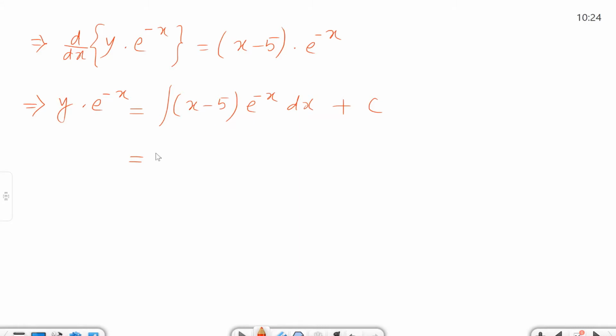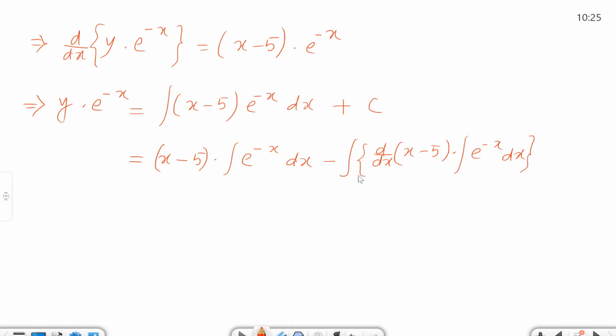This is simply (x minus 5) into the integration of e to the power minus x dx, and compulsorily minus the integration of d/dx of this outer function, that is x minus 5, into the integration of this inner function e to the power minus x dx, plus constant c is already there.